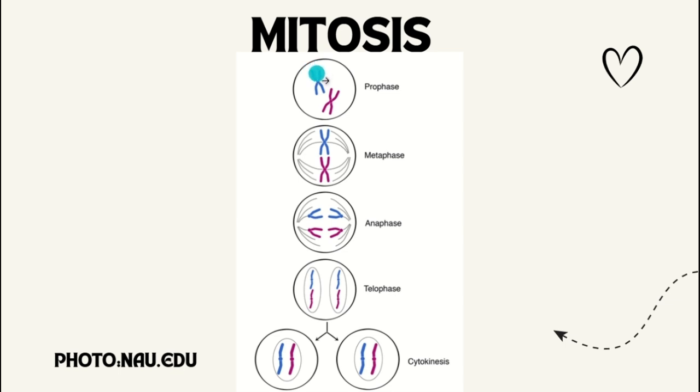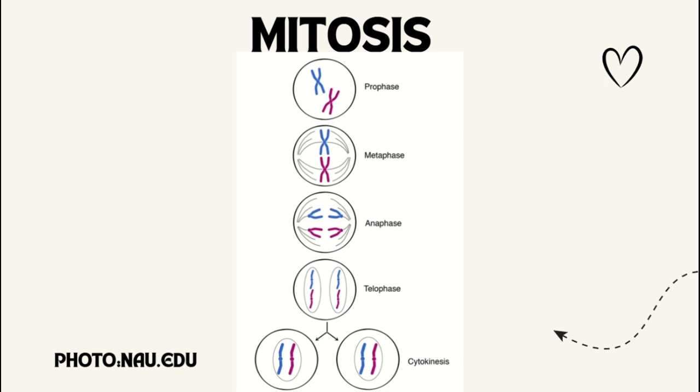centrioles. The centriole, or let's just say centrosome, because the centrosome contains the centrioles, is basically going to be like a circle. They're going to be on opposite ends of the cell. This diagram doesn't really show it, but the centrosome is going to be at opposite ends of the cell, separating them.